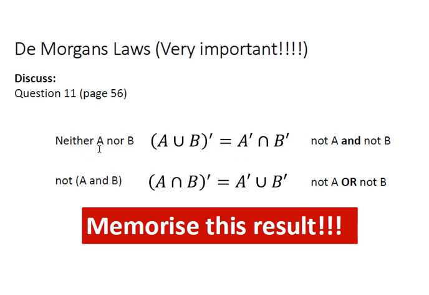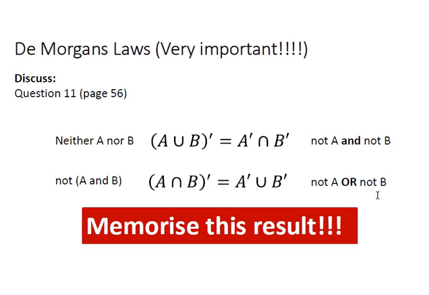It means neither A nor B, not A and not B. And the complement of the intersection of A and B is the union of A prime and B prime. So not A and B is equal to not A or not B.